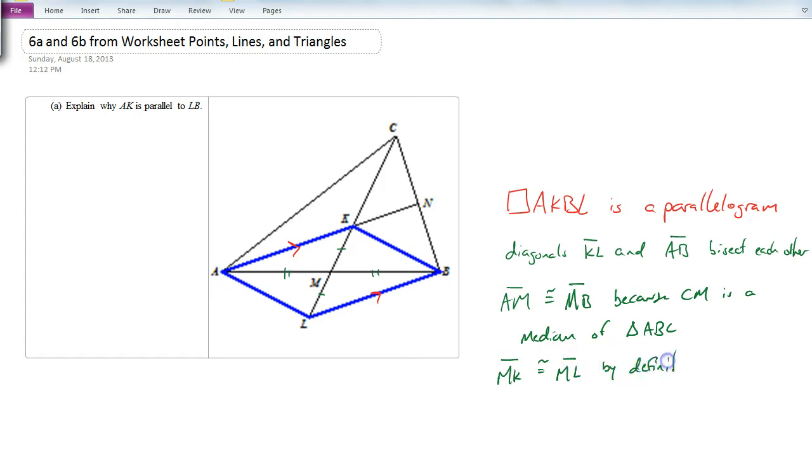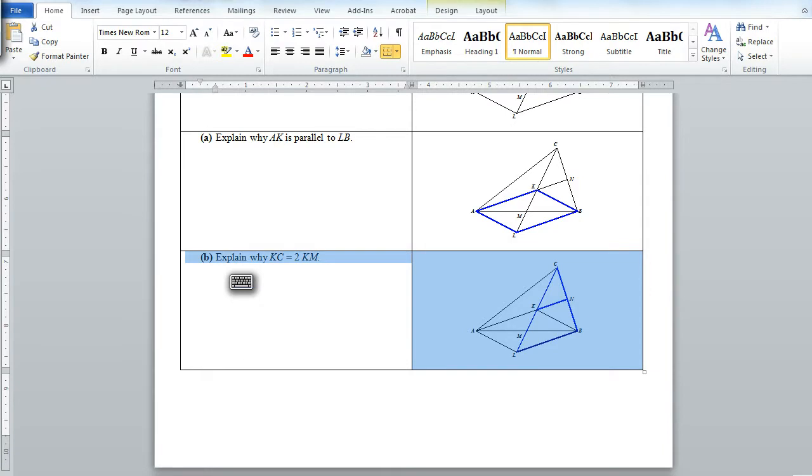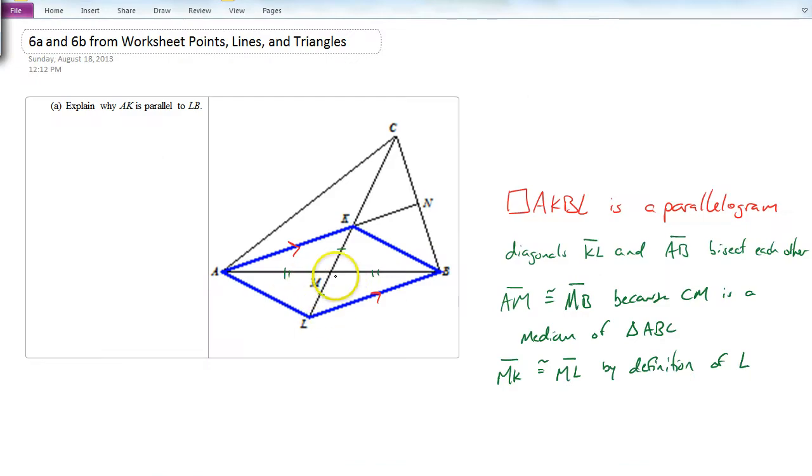That was the way that L was defined. Okay, so therefore we have these two segments congruent, these two segments congruent, which means that these diagonals of the quadrilateral bisect each other, which makes AKBL a parallelogram, which means that finally AK is parallel to LB. And we're done with that part.